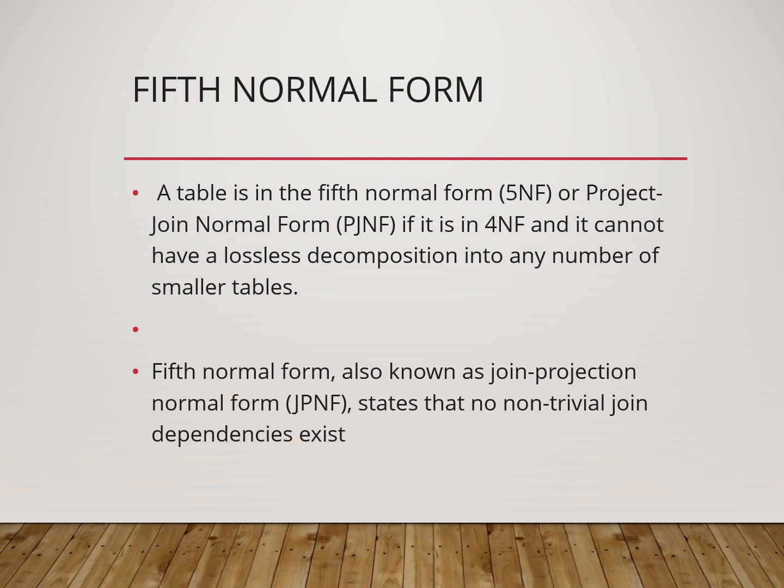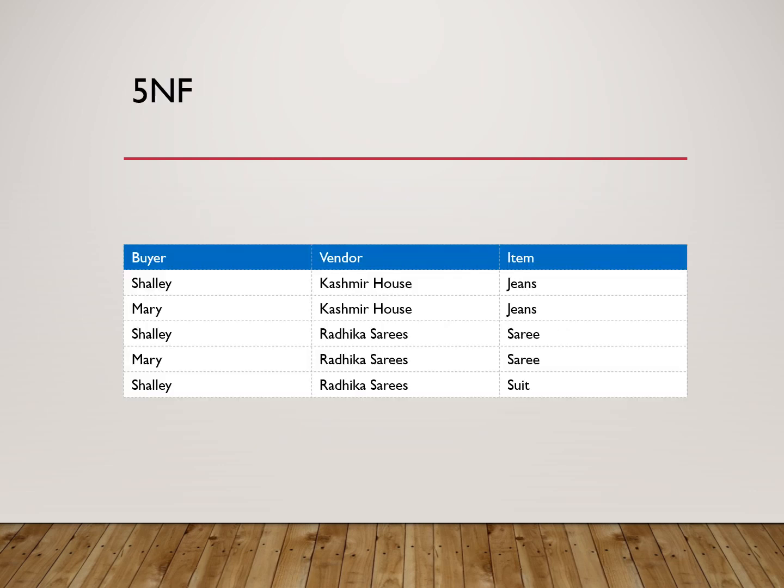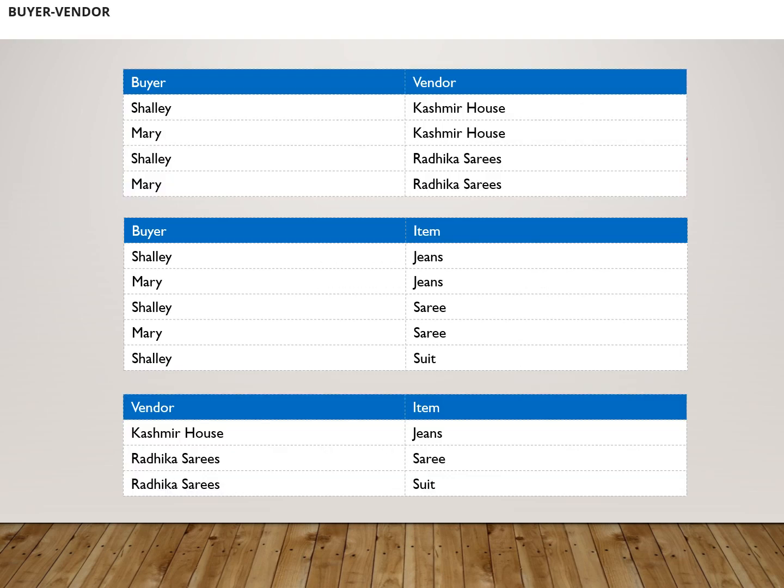Consider an example: buyer, vendor, and item. Now we split into as many as possible: a buyer-vendor table, a buyer-item table, and a vendor-item table. Here we have joins between all the relations, that is, all the tables.